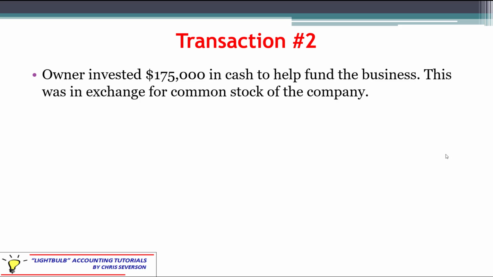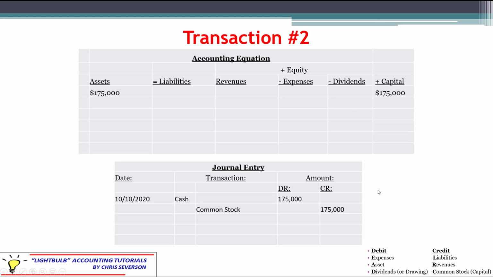Even though it's the owner's stock now, the company themselves has to record it on their side as well. So we're going to see this. The assets have increased by $175,000, and what's called capital, or common stock in this case, has also increased by $175,000. That's the equity component.